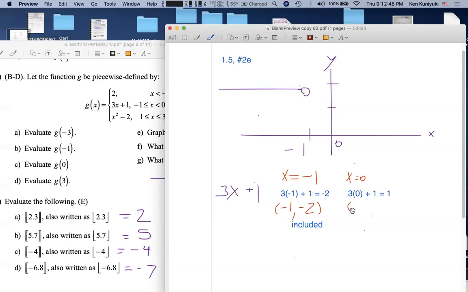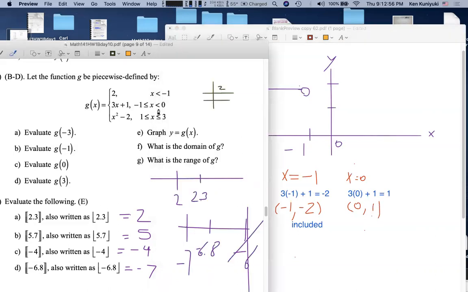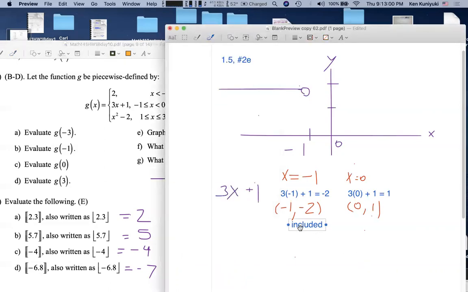All right. Let's see. X equals 0, y equals 1. Because of the lack of a bar there, that's a strict inequality. This point's excluded. All right. 3x plus 1 is a piece of a line. Left endpoint's at -1, comma, -2.